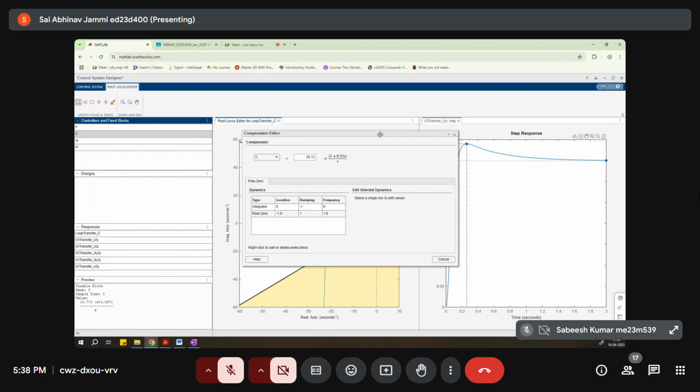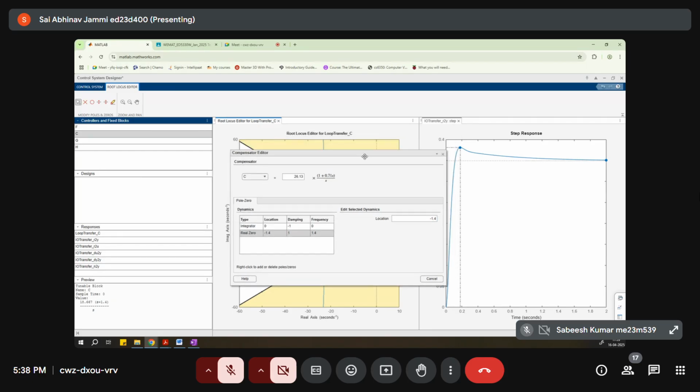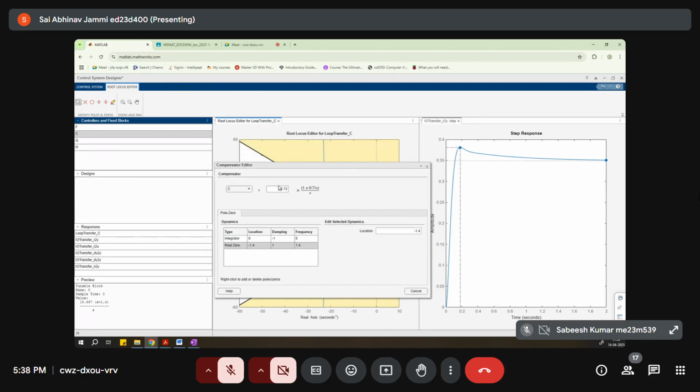Yeah, so this allows us to choose a reasonable value of the location of the real zero. When I move it closer to the origin, I'll get a much better value. So the overshoot is still a problem.